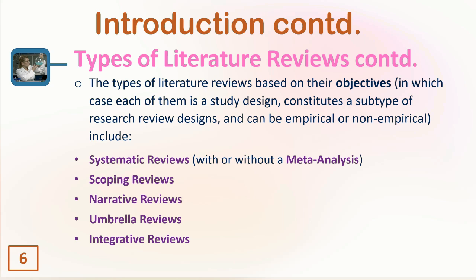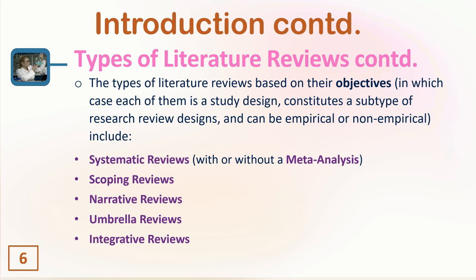They focus on theoretical, conceptual, or contextual insights without a structured protocol. Another type is umbrella reviews. Umbrella reviews synthesize findings from multiple systematic reviews and meta-analyses. They offer a high-level summary of evidence across reviews on a single topic.